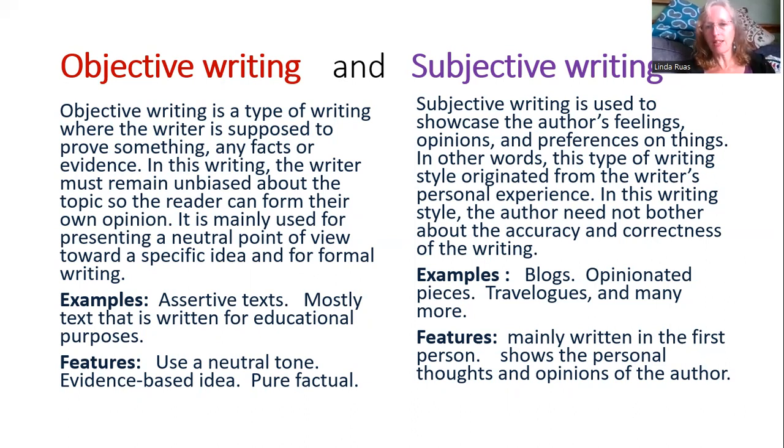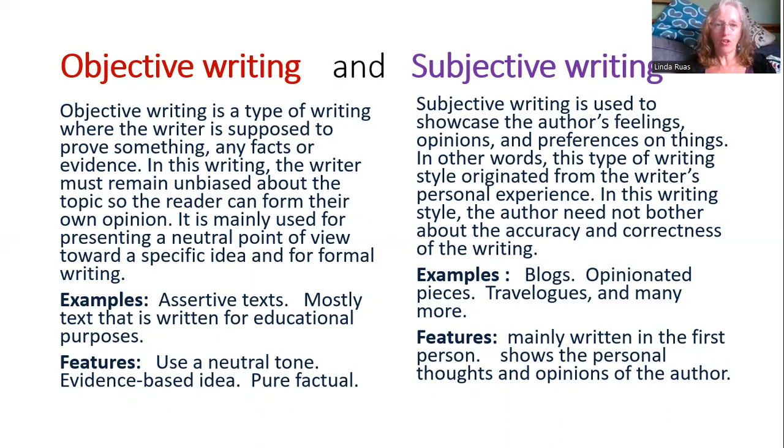And then subjective writing is showing feelings and opinions and preferences. So this comes from your own personal experience. Blogs, opinionated pieces, travelogues, anything that comes from your own ideas, mainly written in the first person and shows personal thoughts and opinions.